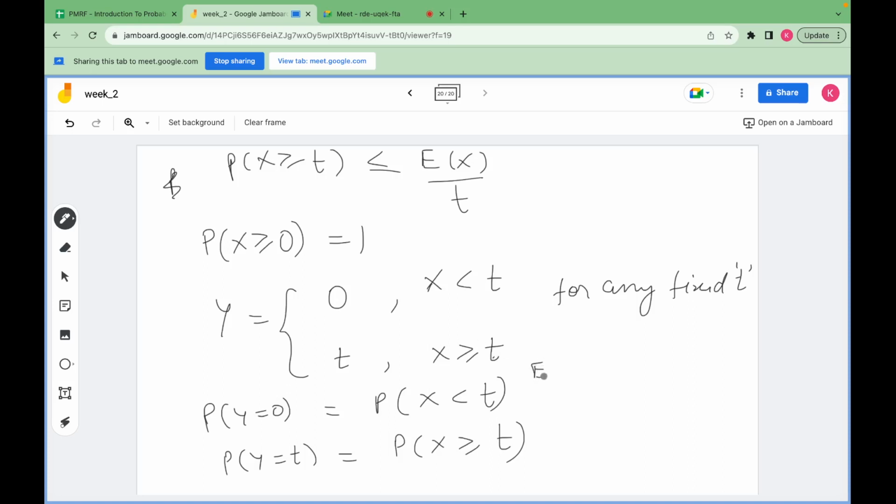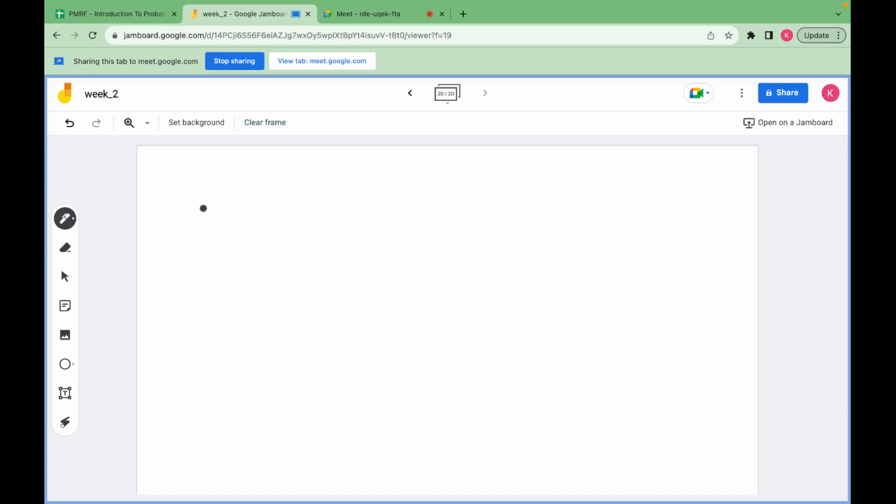Okay, now the probability that y equals 0 is the probability that x is less than t, and the probability that y equals t is the probability that x is greater than or equal to t, right? So now when we find the expectation of y, this will be 0 into the probability that y equals 0 plus t into the probability that y equals t. So this is, E of y equals 0 into P of y equals 0 plus t into P of y equals t. This will be 0, so we are not bothering about this.